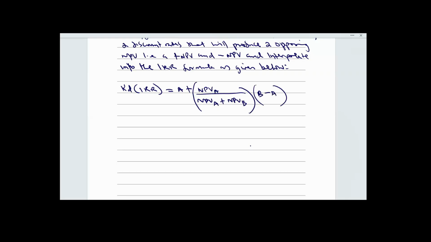So this is the formula for calculating cost of redeemable debenture, cost of redeemable bond, or cost of redeemable debt.